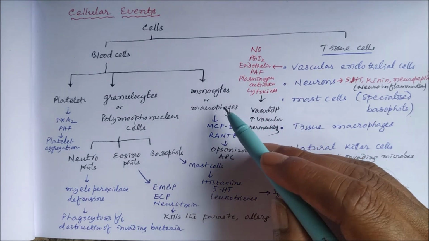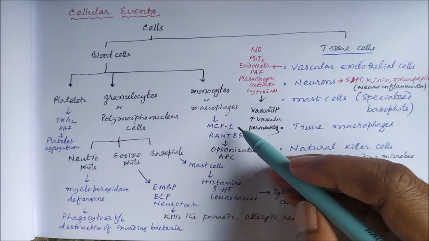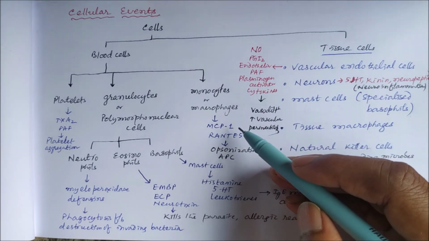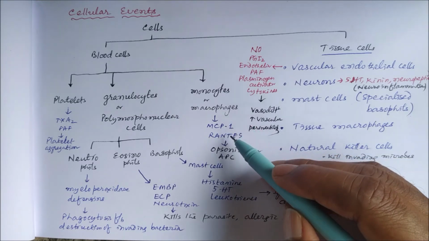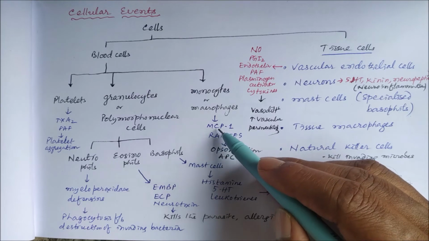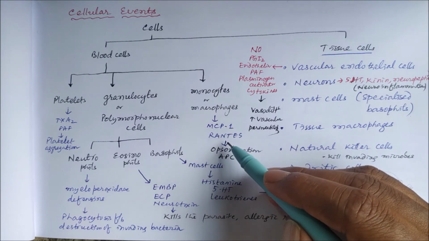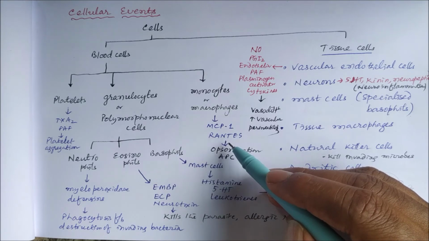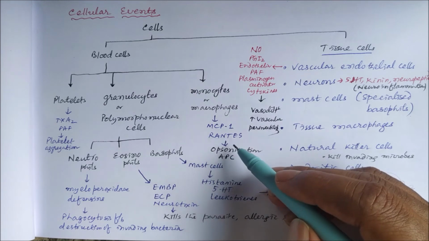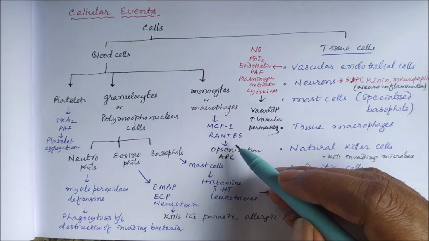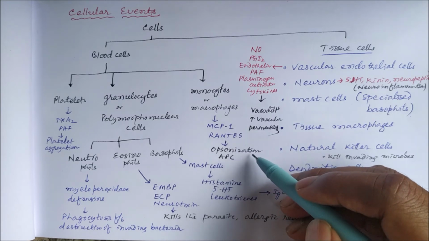The monocytes or macrophages release MCP1, or monocyte chemoattractant protein 1, and they produce RANTES, regulated on activation normal T cell expressed and secreted, and they help in opsonization.